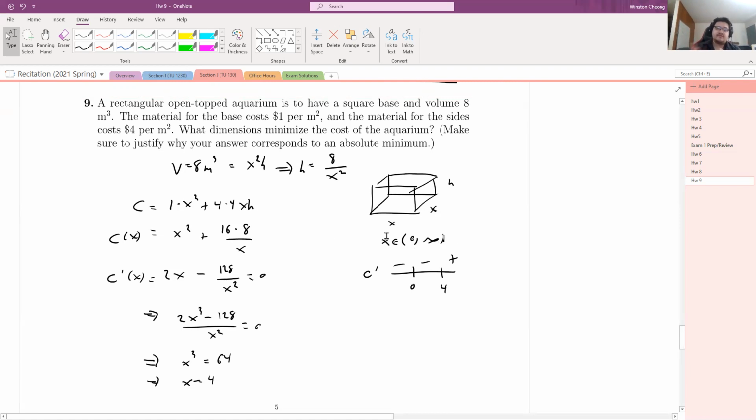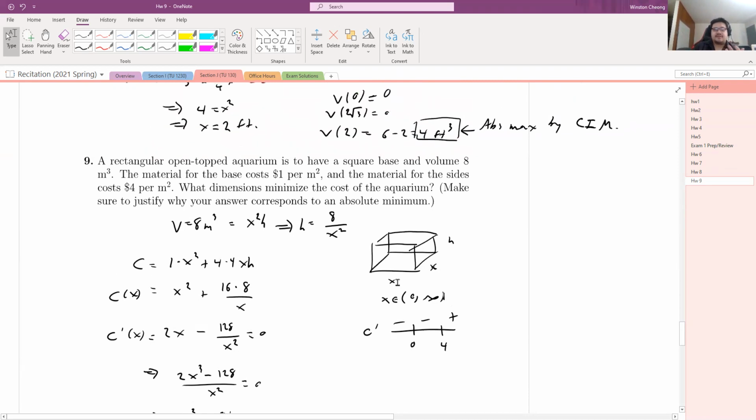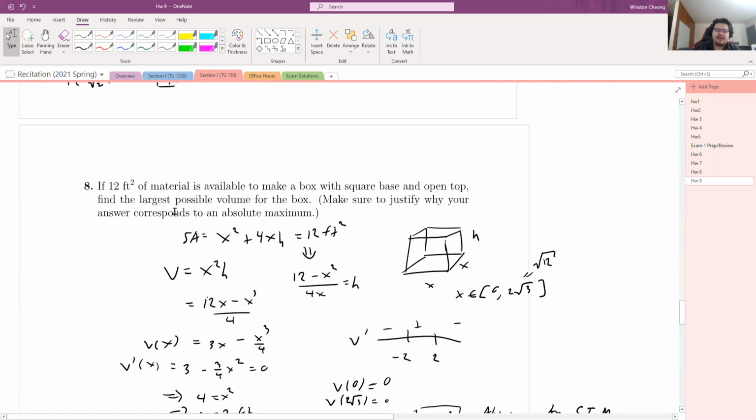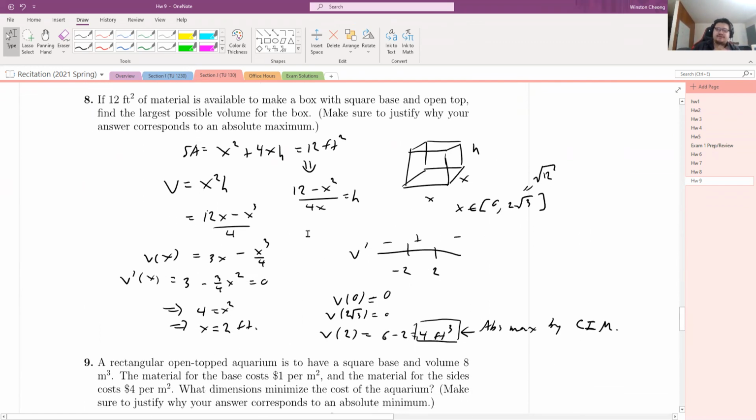We don't have a closed interval that we can naturally use to enforce anything. This is the key distinction between problems 8 and 9. You can also see there's sort of a flip in what happens. With number 8, we're told a condition about the surface area, and we're trying to optimize volume.